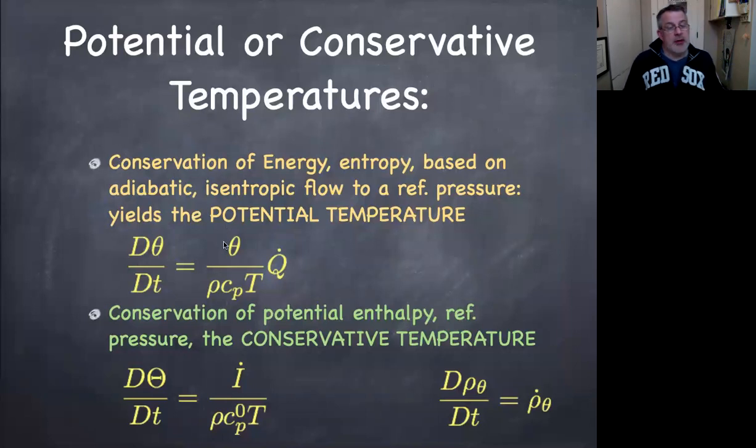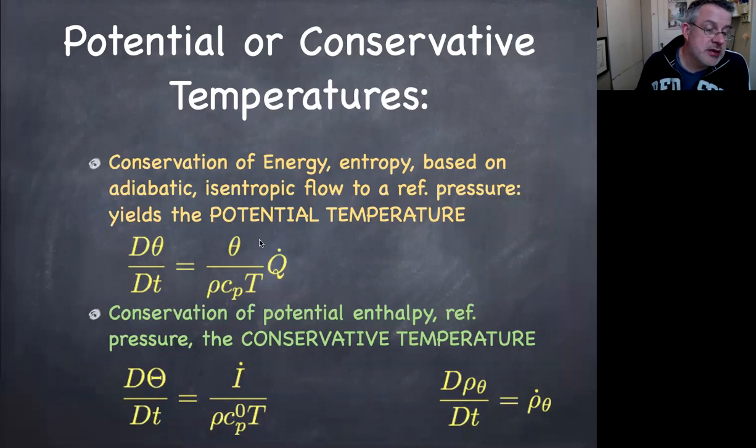Okay, if we put back in the non-conservative terms, the potential temperature equation looks like this, where you have heating with some complicated prefactor that gives you the potential temperature following the motion of the fluid. There is presently a more accurate but similar concept to the potential temperature called the conservative temperature.